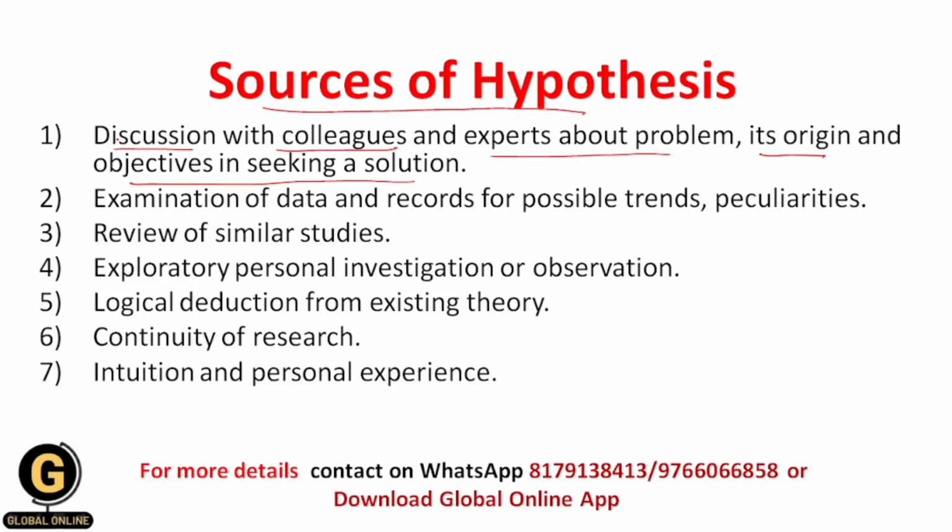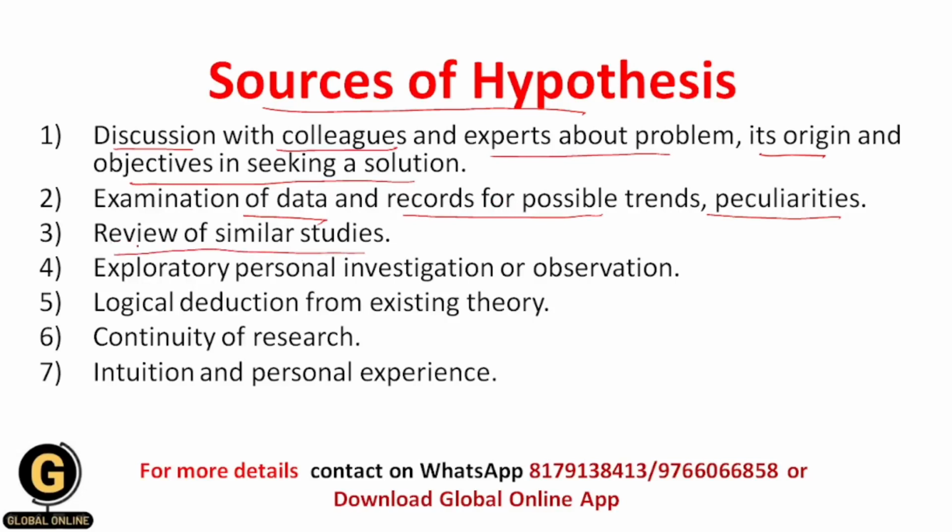After this discussion, we can go to the hypothesis statement. Next is examination of data and records for possible trends and peculiarities. Whenever we examine data and records for possible trends or peculiarities, we can find the hypothesis from that as well.